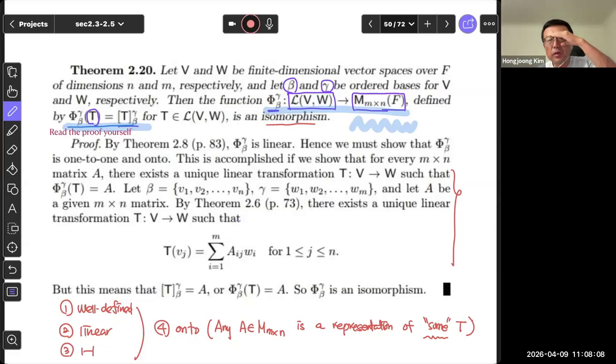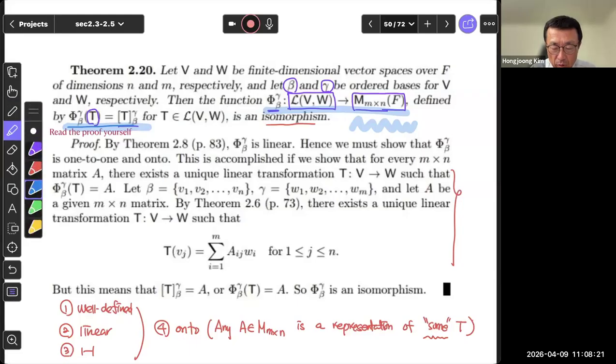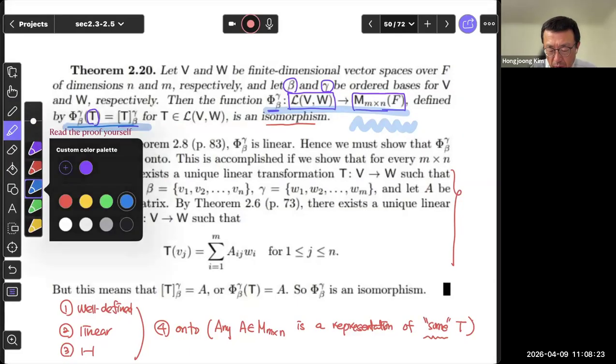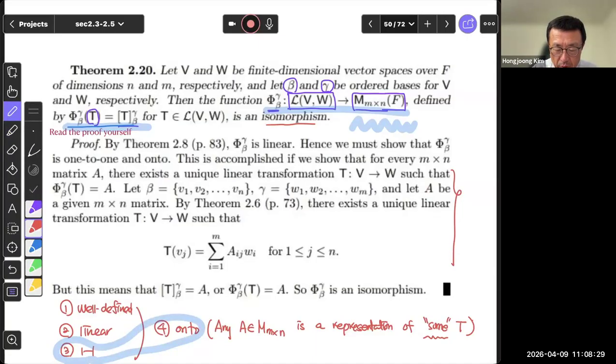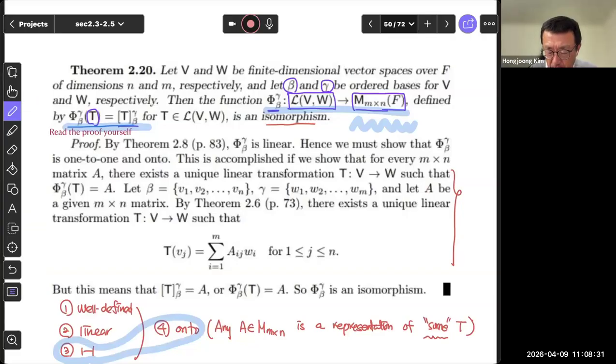So you can read it. By this, you have a well-defined linear one-to-one onto mapping. This one-to-one and onto implies that your mapping is invertible.